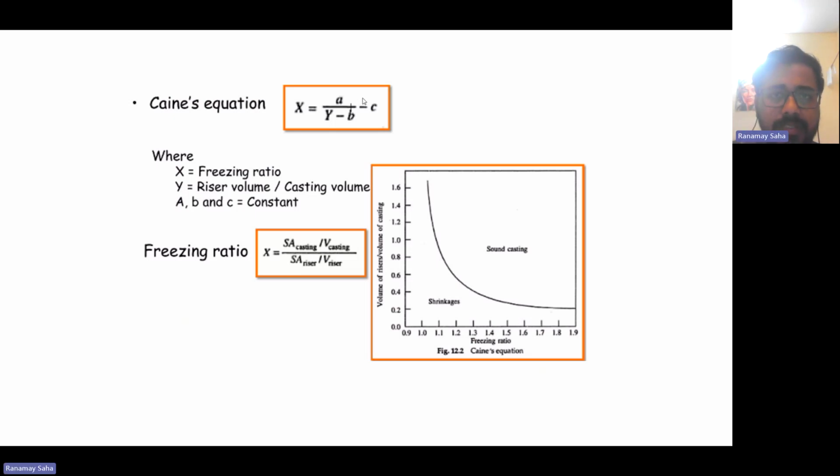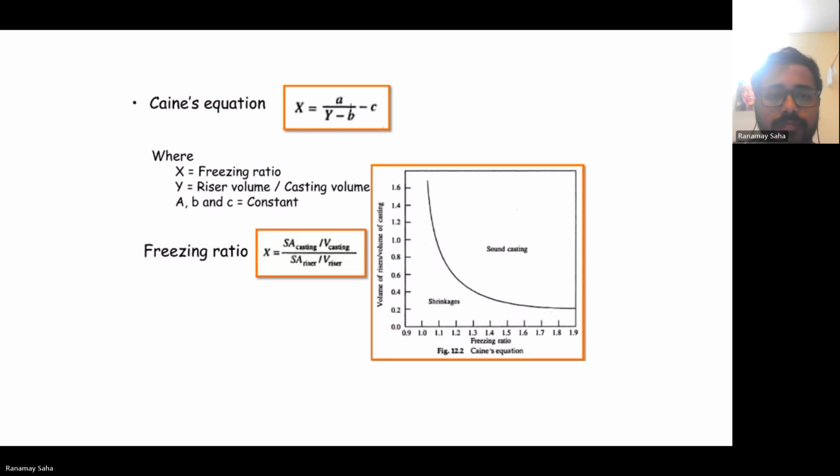The A, B, and C variables here are constants which are experimentally determined for a particular case.